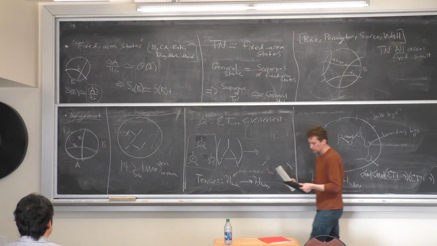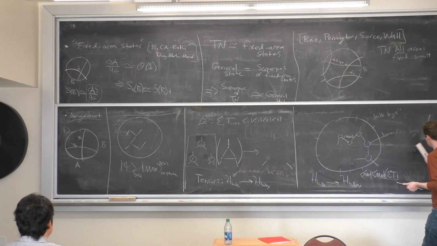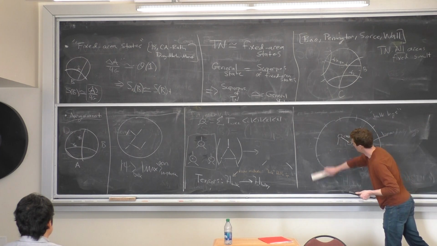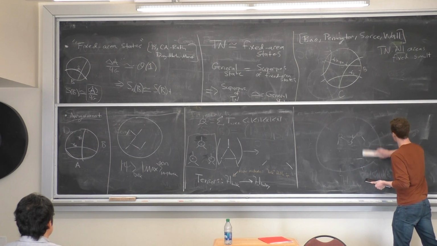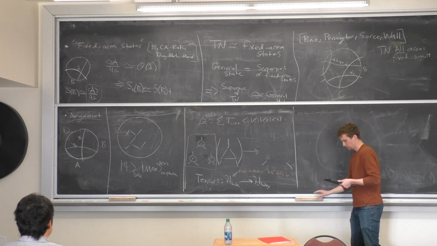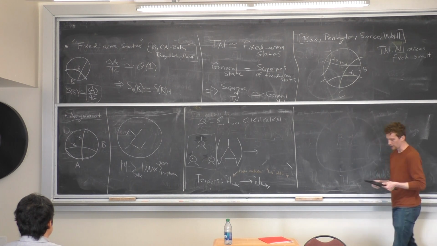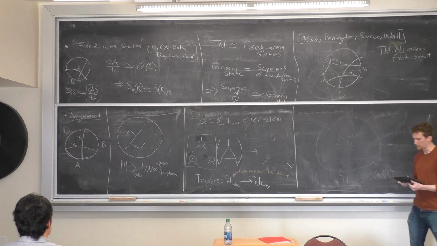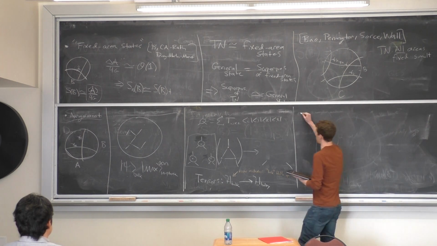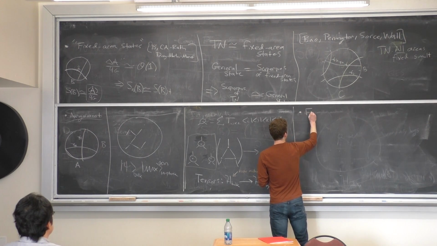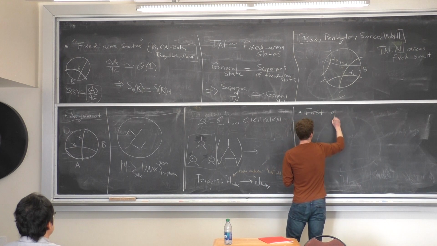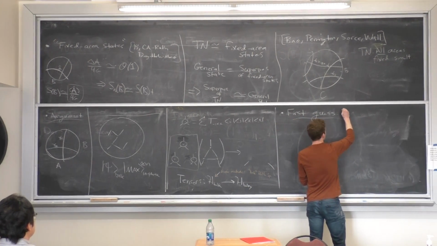Okay, so the first guess would be to have H bulk be some non-abelian lattice gauge theory. I don't know if this was your first guess. This is my first guess.